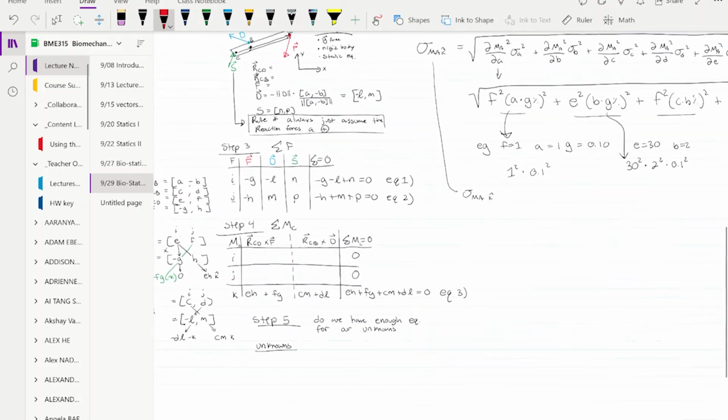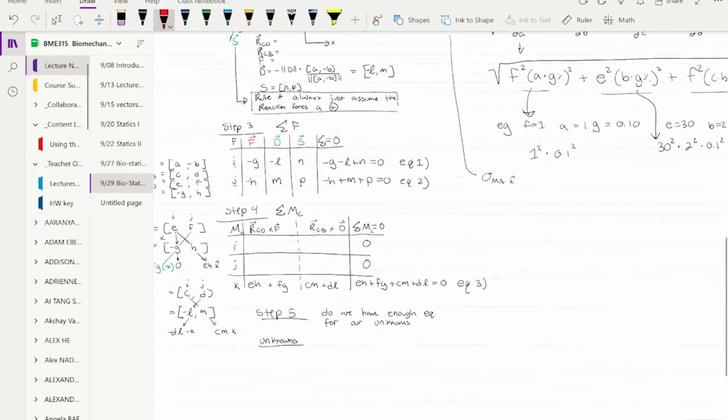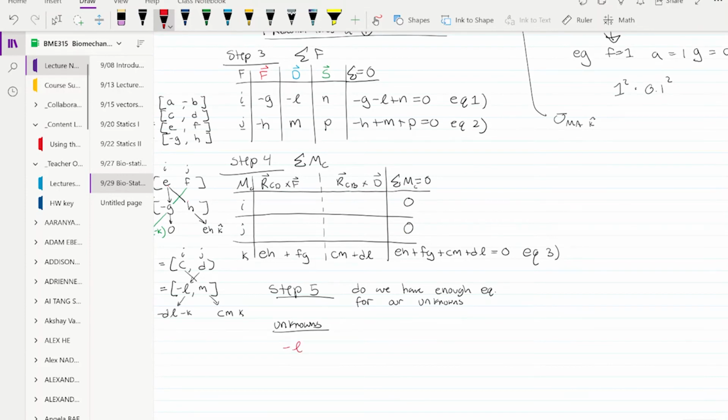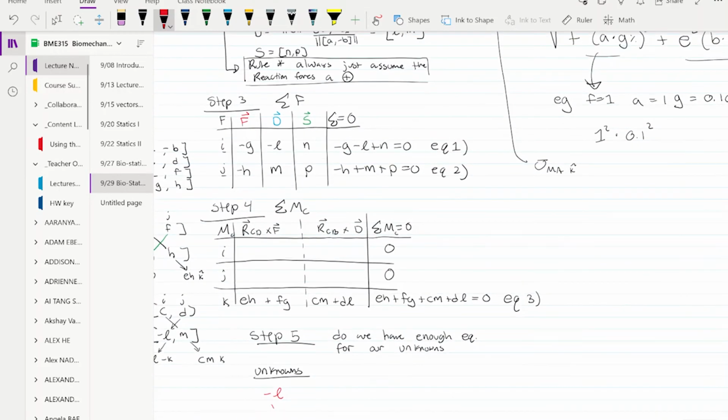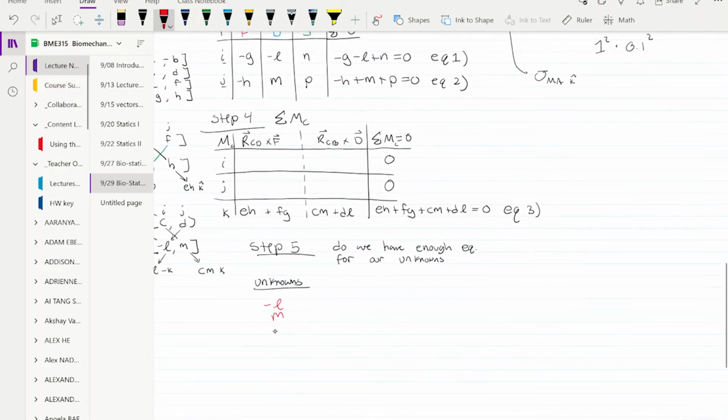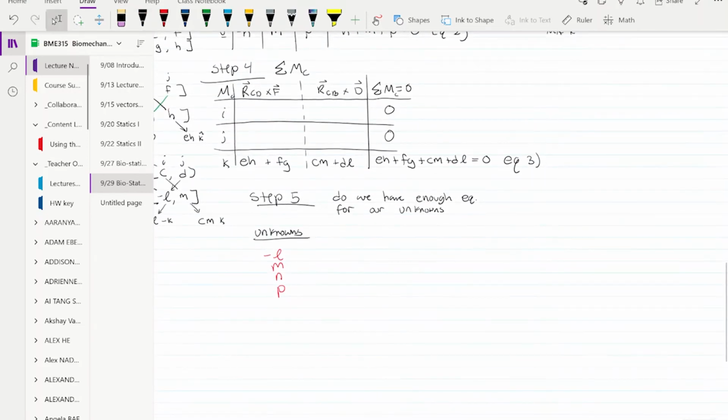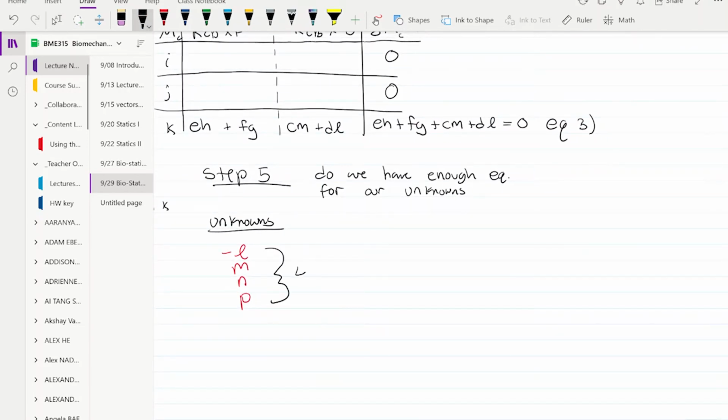What is our unknowns, right? That's going to be S and the D vectors. So unknowns is negative L. We got M, N, and P. So that's 4 unknowns and 3 equations. So no, can't solve.